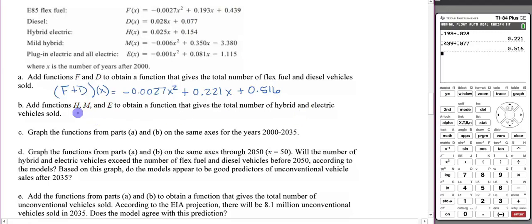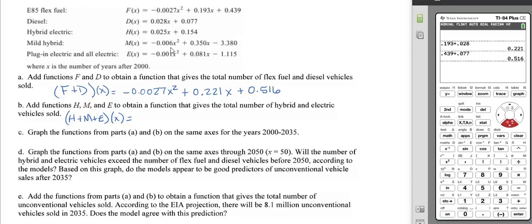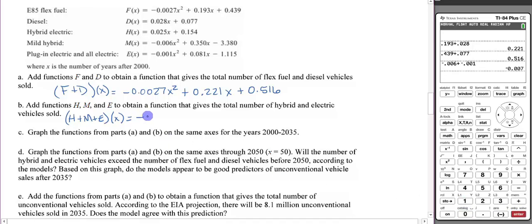Part B, add functions h, m, and e to obtain a function that gives the total number of hybrid and electric vehicles sold. H plus m plus e of x. Adding our squared terms, I have negative 0.006 plus a negative 0.001. That gives me a negative 0.007x squared.